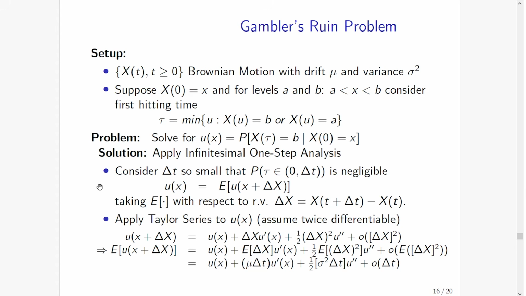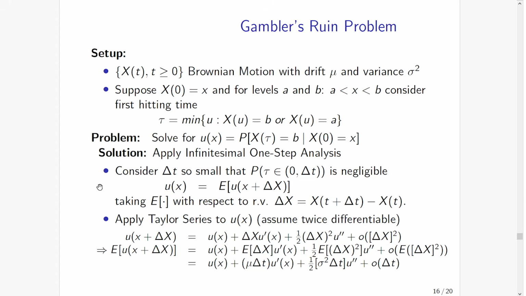So the likelihood of hitting B first will be the expectation of u of x, a very short increment into the future. And so if we take the expectation with respect to the delta x variable, well, delta x is x of t plus delta t minus x of t.